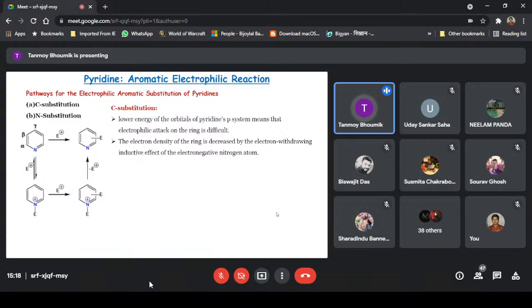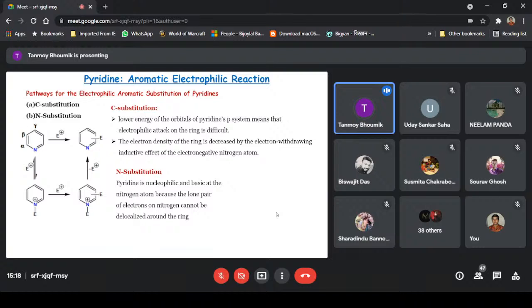The electron density of the ring is decreased by the electron-withdrawing inductive effect and the electronegativity of the nitrogen atom. Similarly, substitution at nitrogen happens because pyridine has a nucleophilic and basic center at the nitrogen atom, since the lone pair of electrons on the nitrogen cannot be delocalized into the ring.